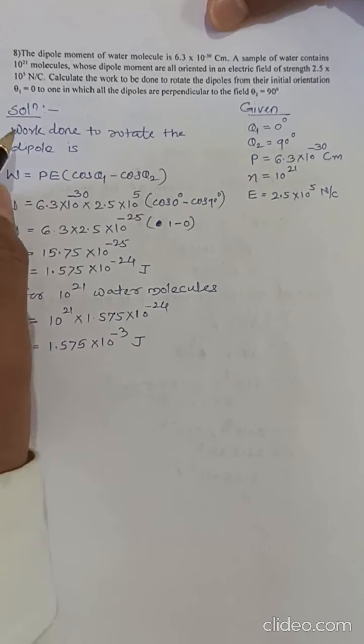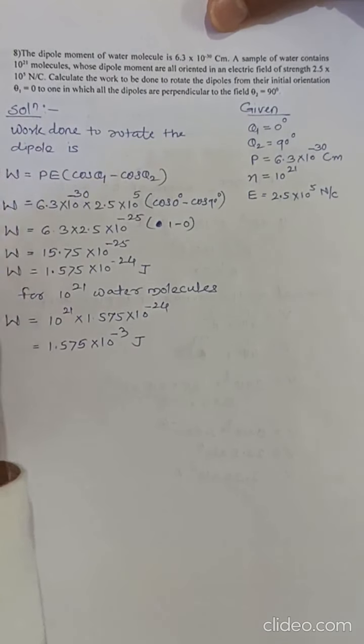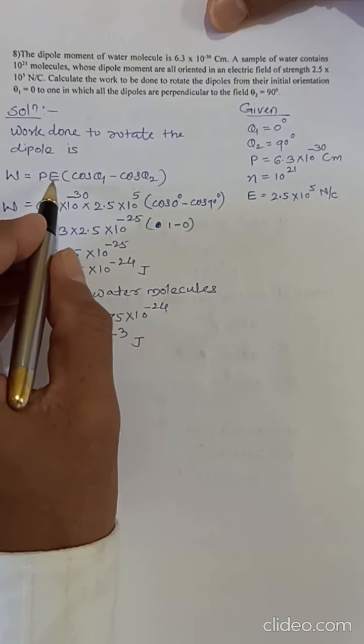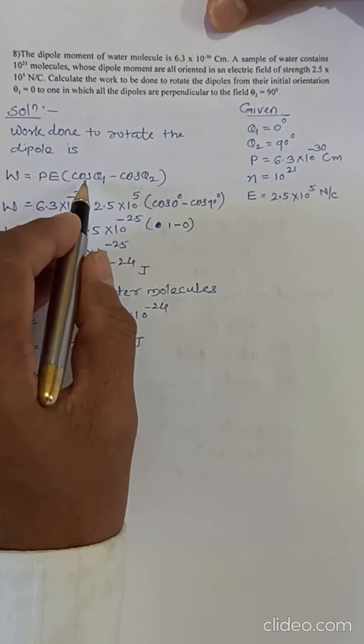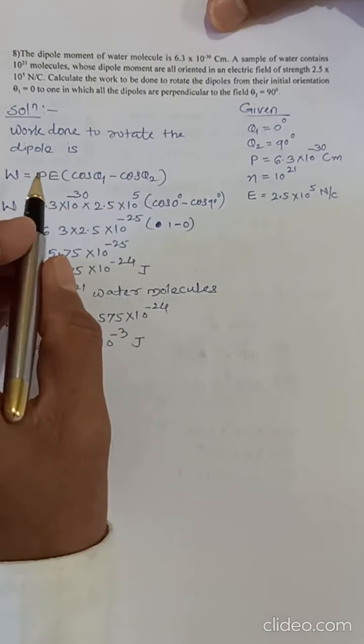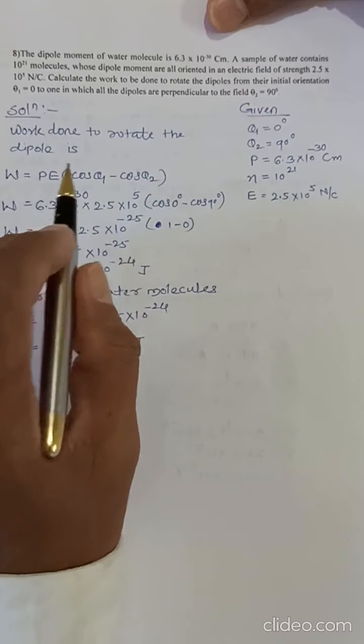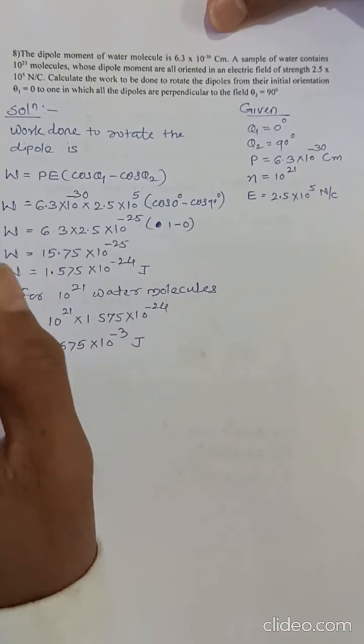And we know that the work done required to rotate the dipole is W is equal to PE into cos of theta 1 minus cos of theta 2. So P, E, theta 1, theta 2 all are known quantities. This is a very simple problem.